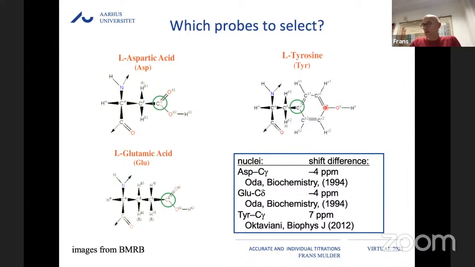I think the best thing that one could do is solid state NMR: generate the same protein in the same conditions, the same crystals, and then check what the NMR spectra would say. Okay.